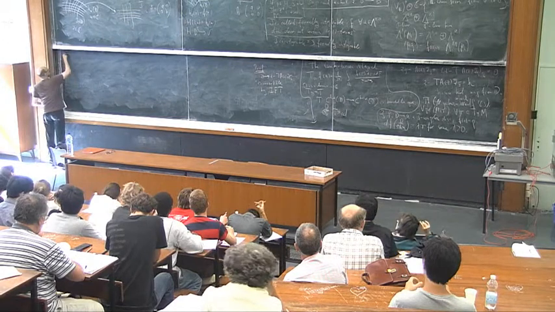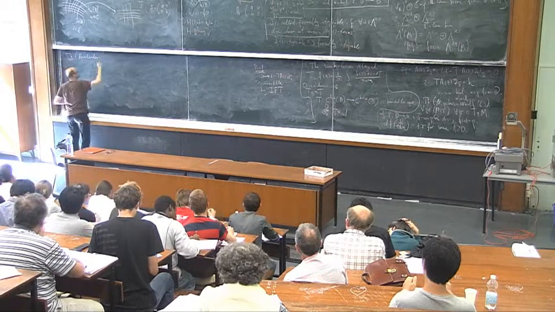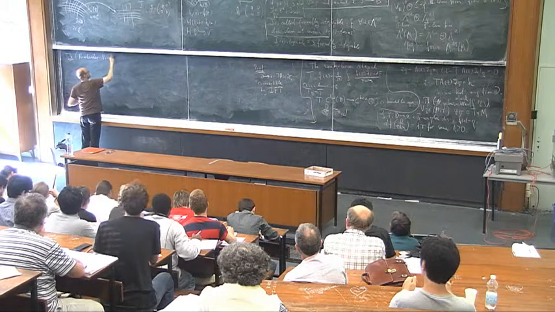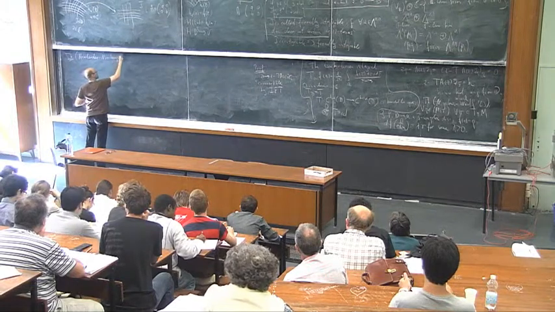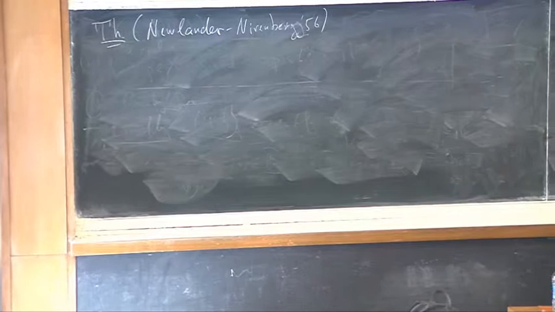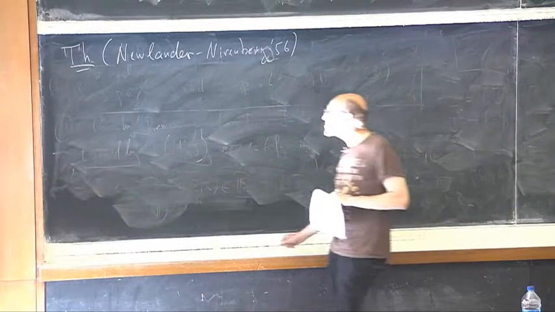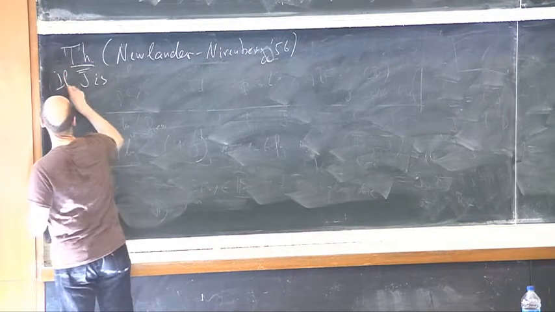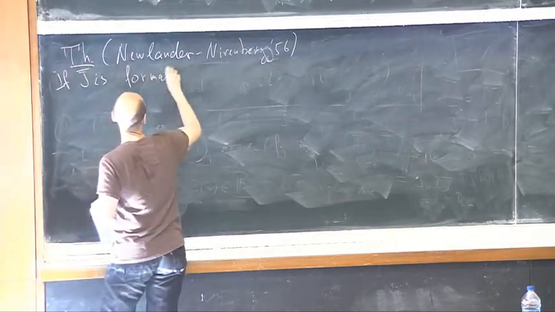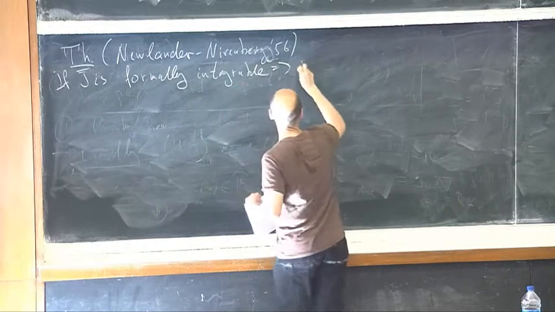Theorem, Newlander-Nirenberg: if J is formally integrable, then J is integrable.